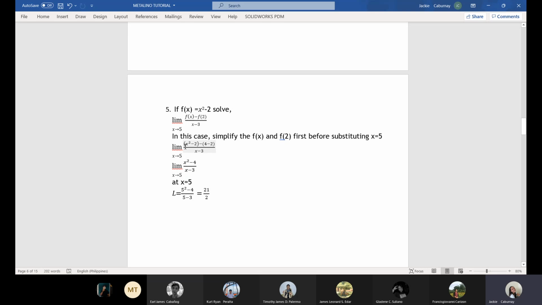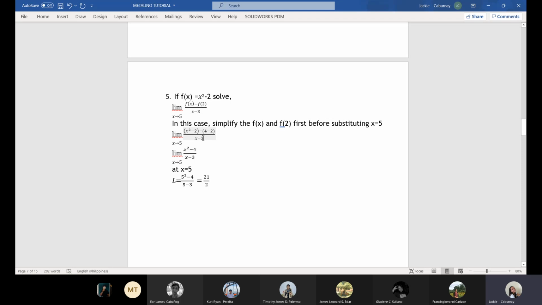So, next is the limit of f of x, which is x squared minus 2, minus f of 2. F of 2 is 4 minus 2. You solve f of 2 by replacing x with 2 in the given function. So, x squared minus 2 minus the quantity 4 minus 2.